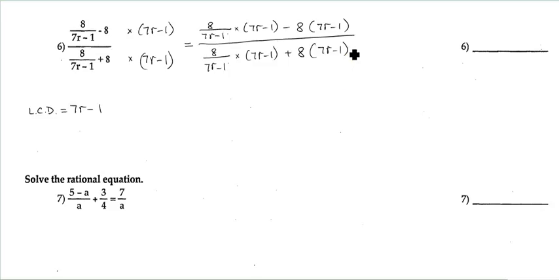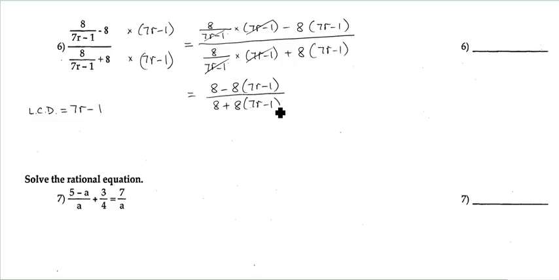So let's see what happened. The 7R minus 1 cancels out here. So we have 8 minus 8 times 7R minus 1. The whole thing over 7R minus 1 cancels out again. So you get 8 plus 8 times 7R minus 1.